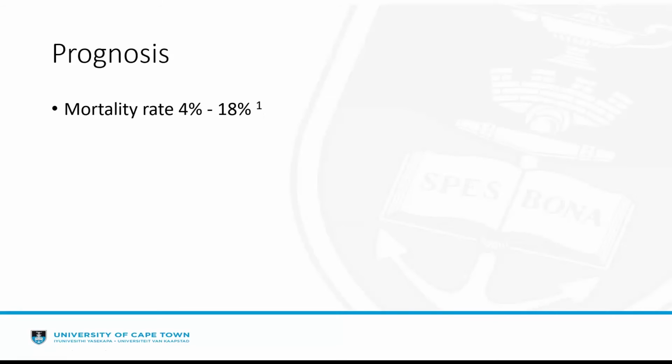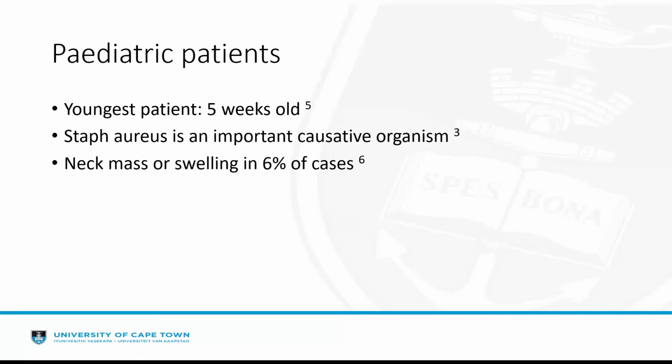So in general, the current prognosis of Lemierre syndrome has a mortality rate of 4 to 18%, and the earlier the detection, the better the outcome for these patients. Looking at pediatric patients, the youngest patient described in the literature is a 5-week-old.